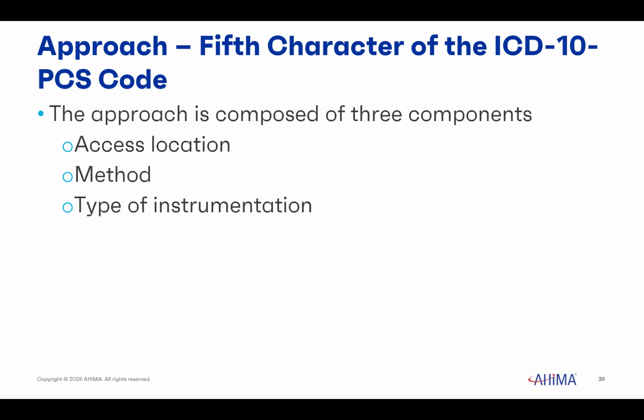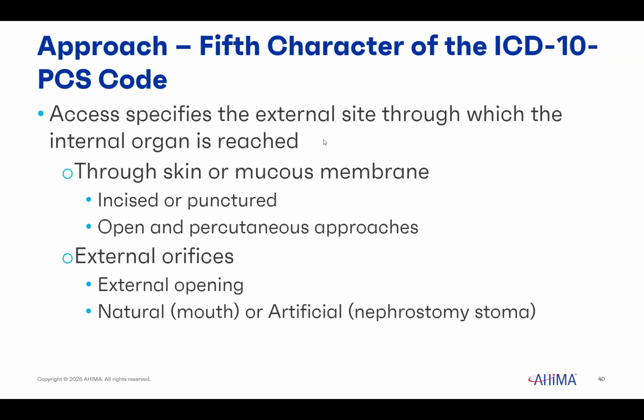And again, when we talk about the approaches, we're talking about 3 components: the access location, the method, and the type of instrumentation. Access specifies the external site through which the internal organ is reached, whether it's through the skin or mucous membrane, incised, punctured, open or percutaneous, through an orifice, and so on.